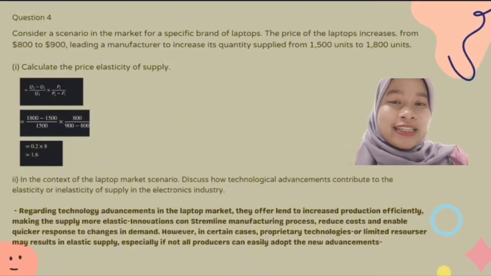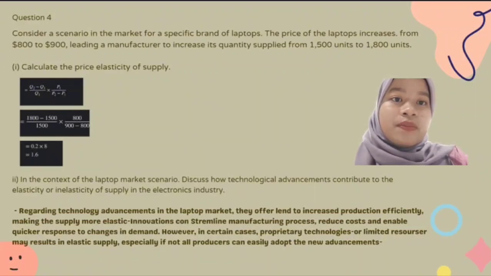For the second question: in the context of the laptop market scenario, discuss how technological advancement contributes to the elasticity or inelasticity of supply in the electronics industry. The answer is that technological advancement in the laptop market allows firms to increase production efficiently, making supply more elastic.